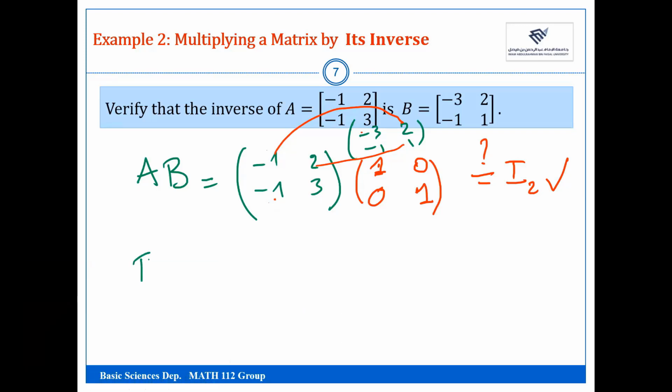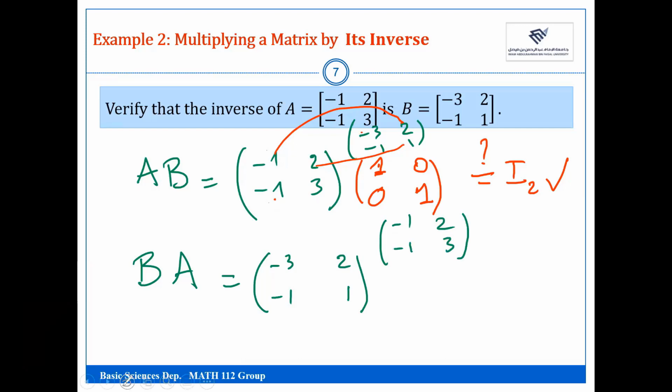Let's move to the other side, B times A. -3, 2, -1, 1 times A, 2, 3. The question: is the result also the identity?